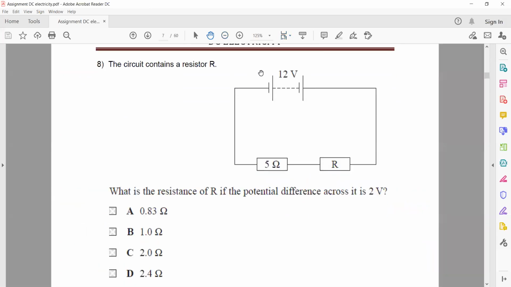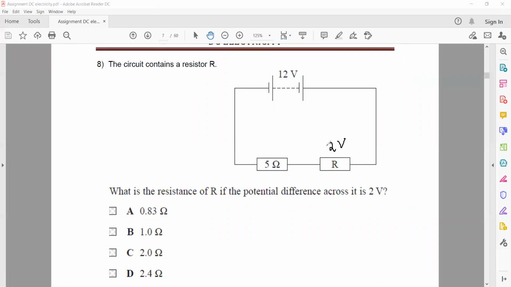The circuit contains resistance R. What is the resistance of R if the potential across it is 2? So if 2 volts is here, what is the resistance of this component? So how can you work it out? You can use the voltage divider formula.